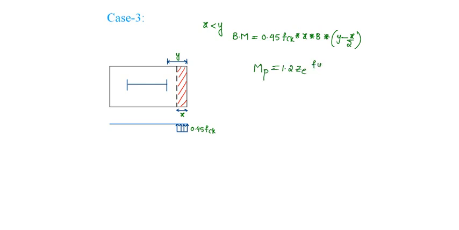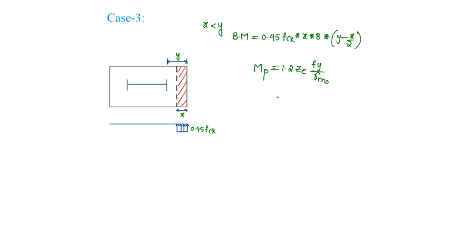And considering this as x and our distribution approximated as a rectangle, and let us say this is y projection, assuming x is less than y, then bending moment at critical section, that is face of the column, will be equal to 0.45 fck into x into b into CG distance, which is (y minus x by 2), and we know moment capacity is 1.2 Ze into fy by gamma m0.